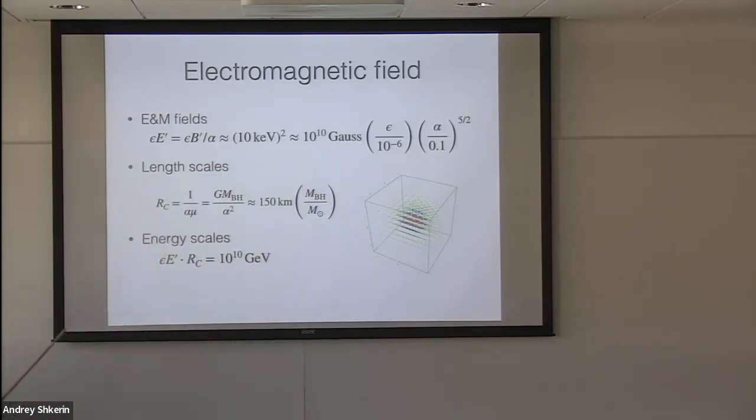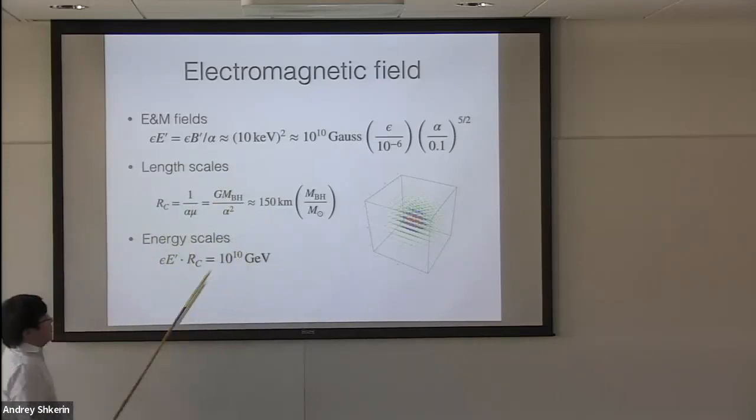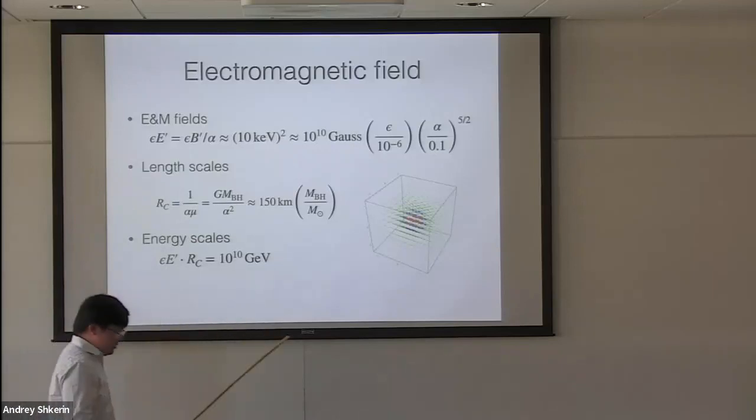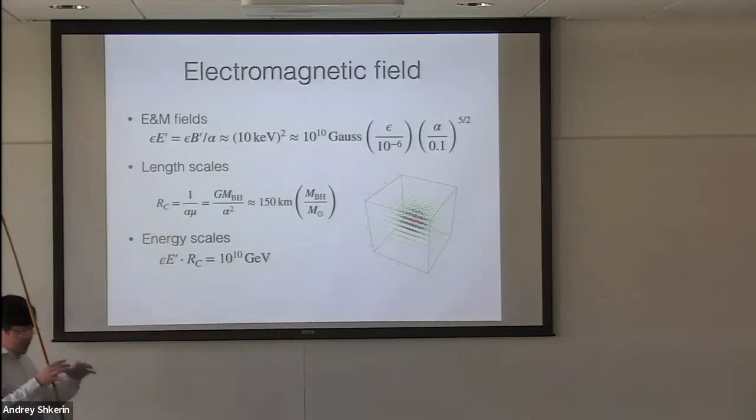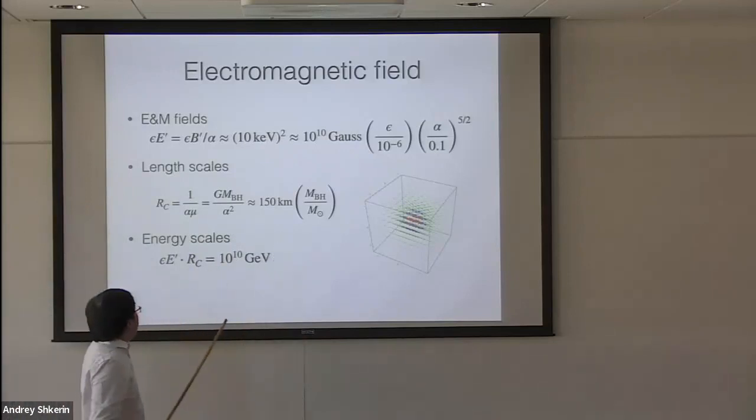The second important thing is the length scale, the size of the object, which, as we said, is GM over alpha squared. For a 1 solar mass black hole this is 100 kilometers; if it is a 10 solar mass black hole, then it can go up to 10,000 kilometers. So what you're seeing here is a really large volume of very strong magnetic field, and the volume is way bigger than the volume of a normal pulsar.